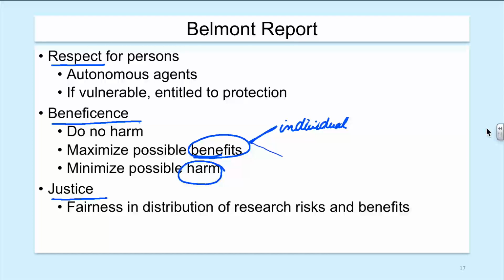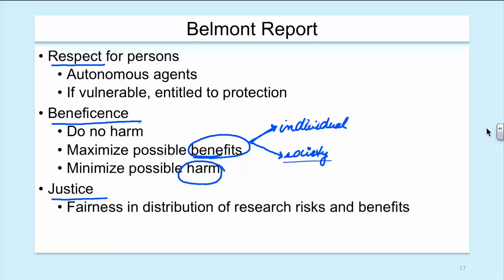And otherwise, if there are no individual benefits, then we want to make sure that society will reap the rewards of the research, because we don't want to put research subjects at risk if we're not going to be able to answer the research question and make sure that we minimize the harm and maximize the benefits.